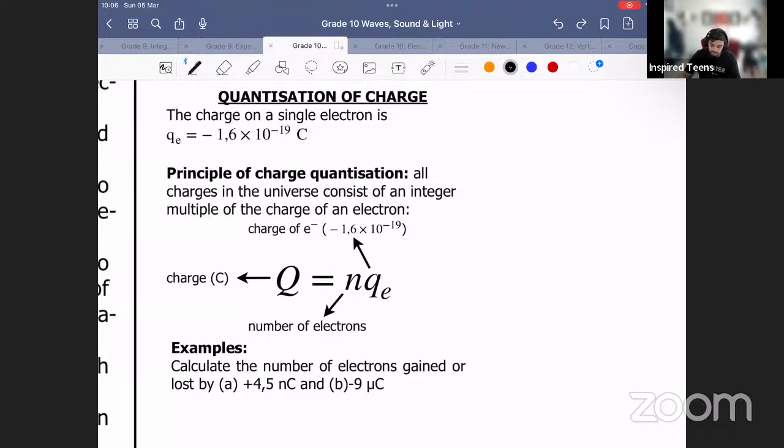The principle of charge quantization: all charges in the universe consist of an integer multiple of the charge of an electron. So the charge is Q, the number of electrons is n, and the charge of a single electron is Qe, that's negative 1.6. We've been through that 500 times.